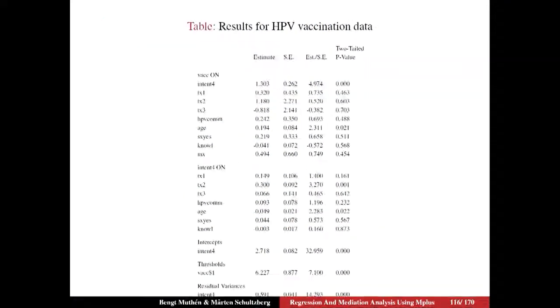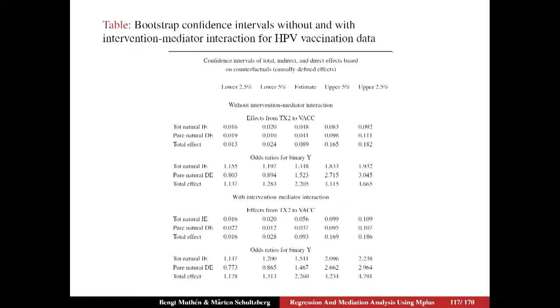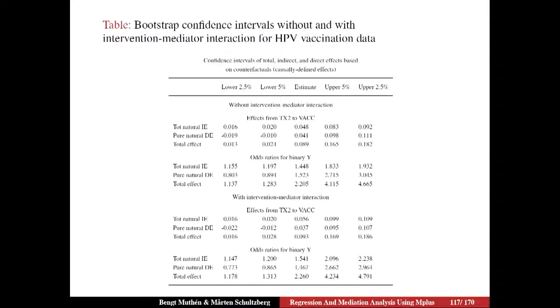And you saw that that interaction was not significant, but nevertheless, it plays a role. This indirect effect estimate gets increased here when you have the intervention-mediator interaction. Whereas the direct effect is still insignificant. And also the odds ratios increase from 1.448 to 1.541.